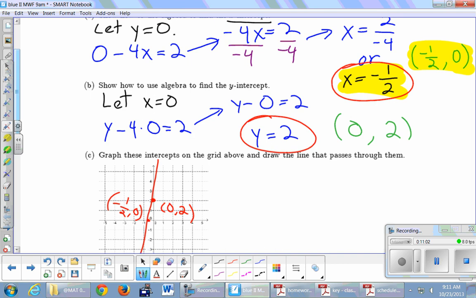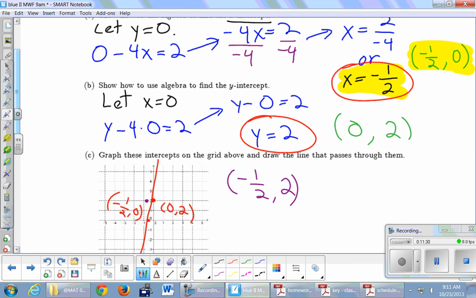But it is really easy if in part C I say plot the intercepts, it is really easy to say, oh, x is -1/2, y is 2. I can plot that point, -1/2, comma 2. And you will plot a point right around there. And that is dead wrong, which is part of why I'm kind of leaning towards saying, I don't want you to answer these questions like I've circled there. I want you to write the coordinates of the intercepts.